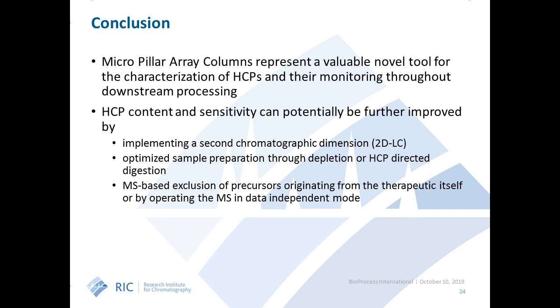Then again, we can also do some optimization at the mass spectrometric side, for example, by working with exclusion lists of peptides that originate from the therapeutic, but we can also operate the mass spectrometer in the data-independent mode. So all these things could eventually improve the HCP content and sensitivity and bring it below 1 ppm if that would be required. And with this, Geert, I would again like to pass the word over to you.